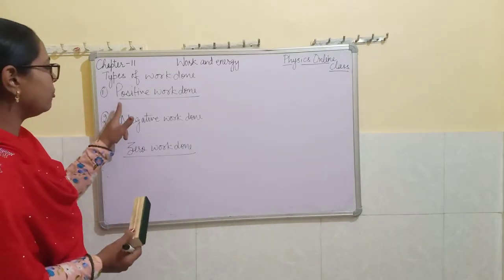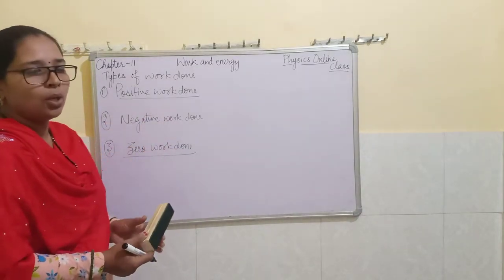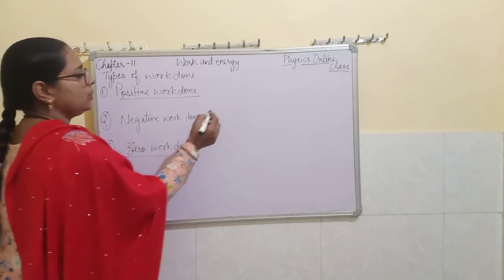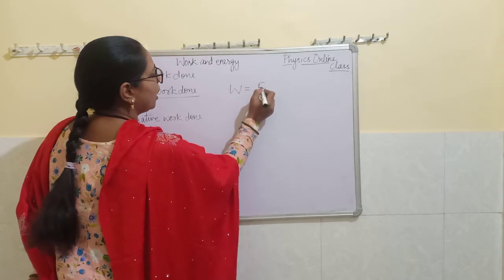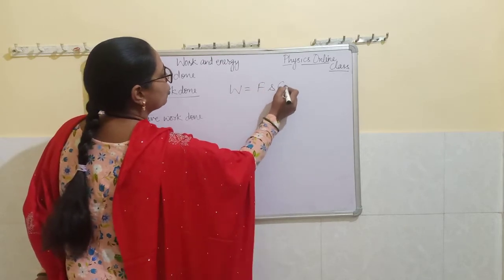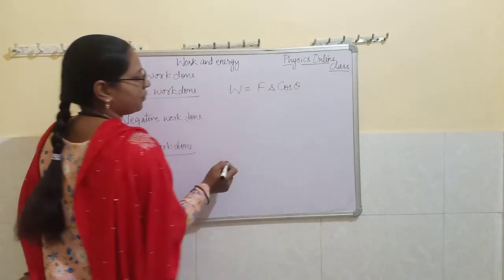How can we define positive work done? What do we mean by positive work done? This work done is simply related to the formula F S cos of theta.